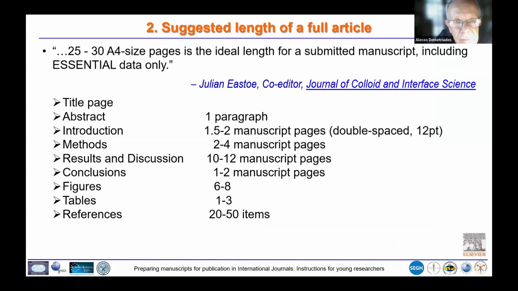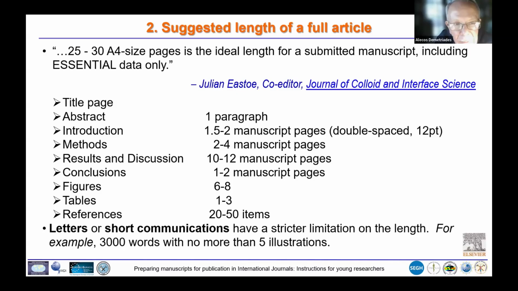And this is the setup: title page, abstract, 1 paragraph, introduction, 1.5 to 2 manuscript pages, methods, 2 to 4 manuscript pages, results and discussion, 10 to 12 manuscript pages, conclusions, 1 to 2 manuscript pages, figures, 6 to 8 is the normal situation, but it depends on your paper, tables, 1 to 3, and references 20 to 50 usually. Letters or short communications have a stricter limitation on the length, for example, 3,000 words with no more than 5 illustrations.